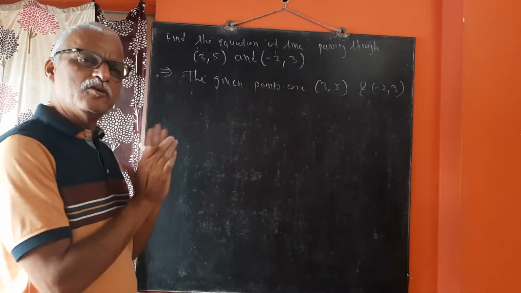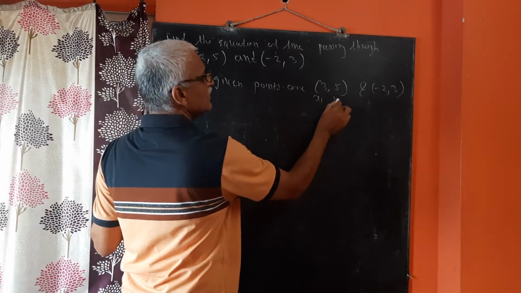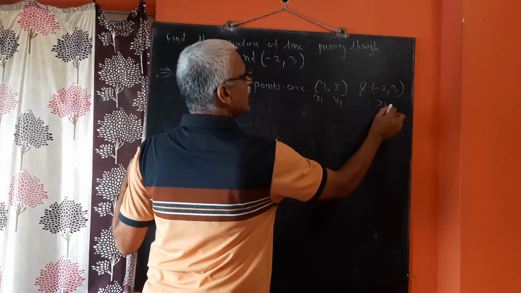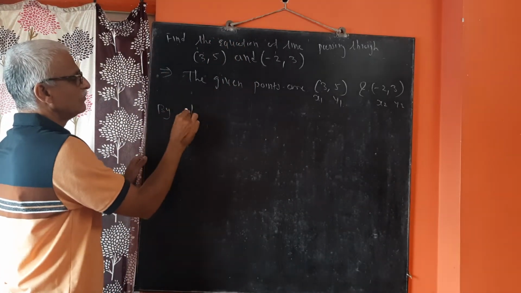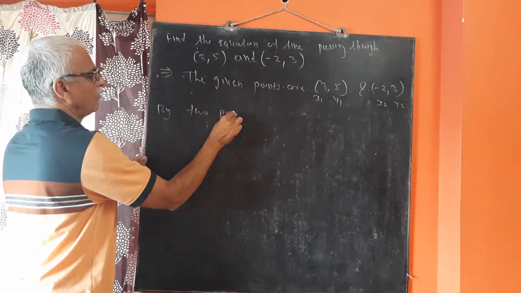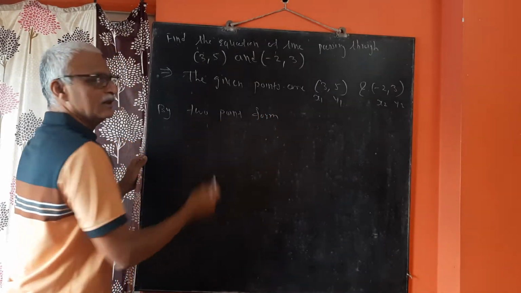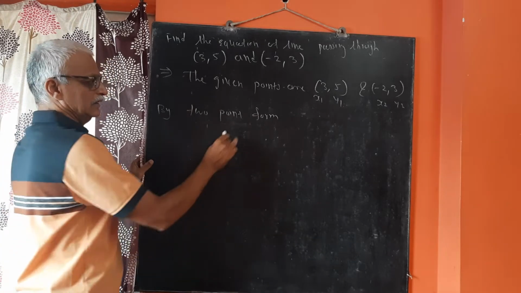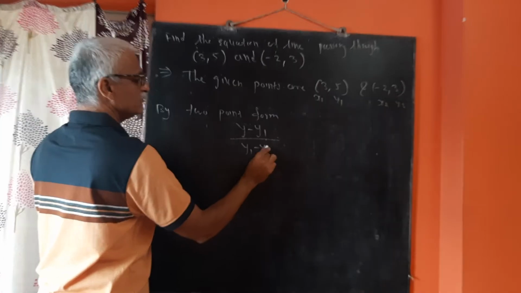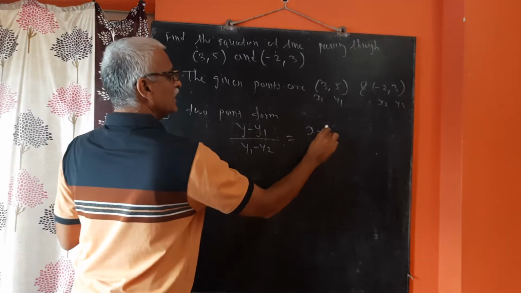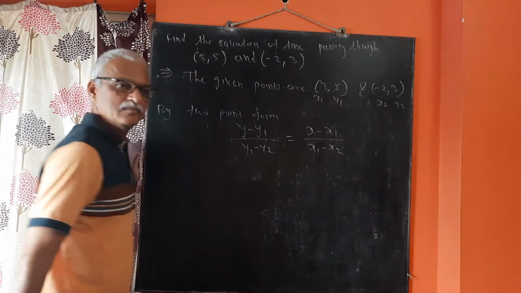But I prefer the given order. So here this point is x1, y1, this point is x2, y2. Now by the 2-point form, what is the 2-point form? y minus y1 divided by y1 minus y2 is equal to x minus x1 divided by x1 minus x2.